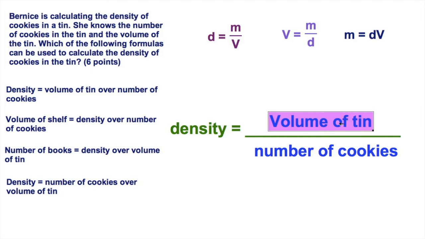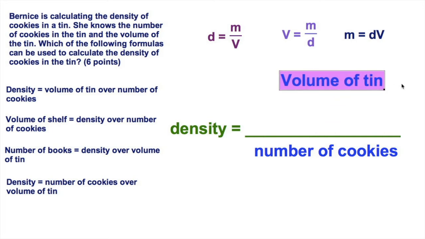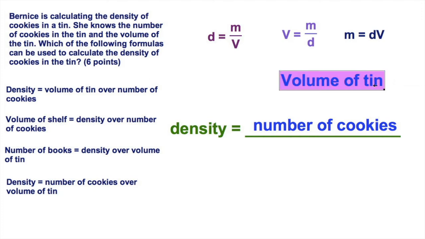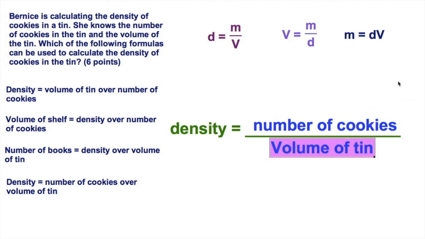I can imagine cubic inches per cookie. Doesn't make sense. But if I took it this way, if I said, well, how many cookies do I have per cubic foot, let's say? Now that sounds like a density, and that's consistent with what we have here. Well, I guess in this case it's mass and volume, or you could say the number of cookies per cubic inch of the tin. That makes sense to me.